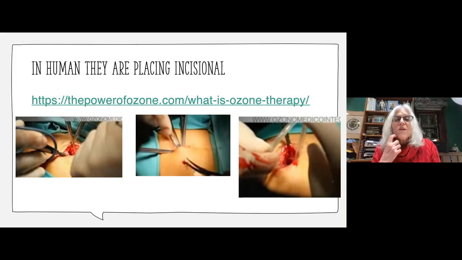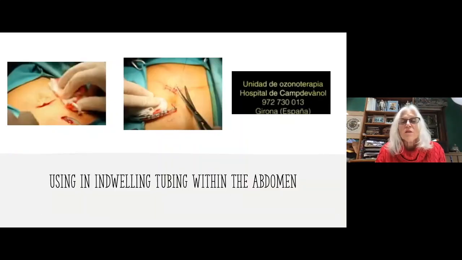And this video on the power of ozone showed how they were putting an indwelling catheter into a person. It looked like the person was under general anesthesia. They made a midline incision and put the catheter to one side, not fixed in the midline, and then were injecting ozone into this person's abdomen.